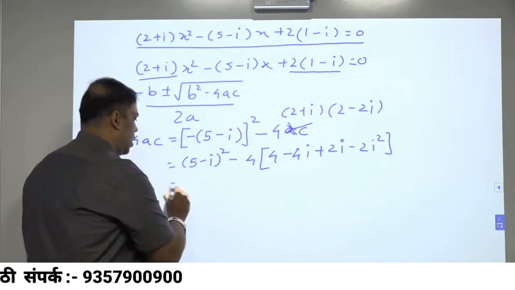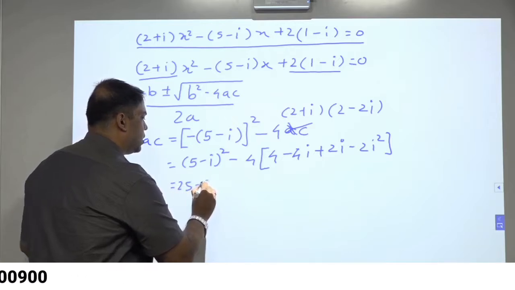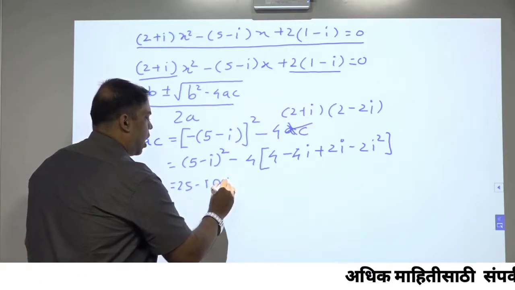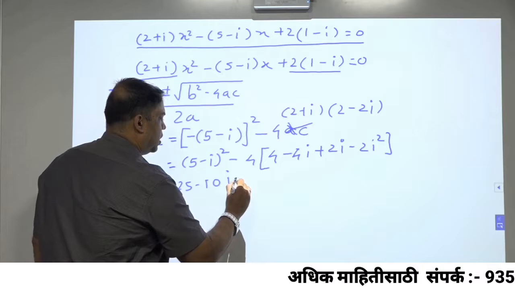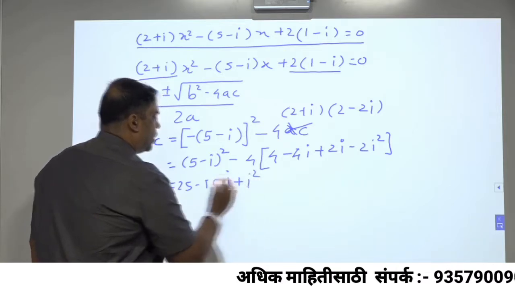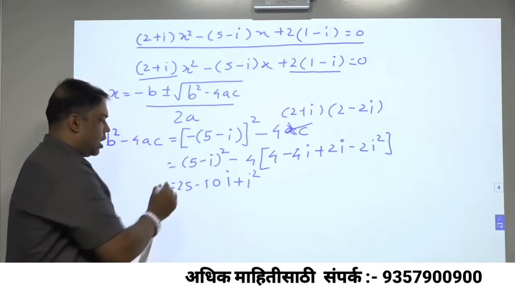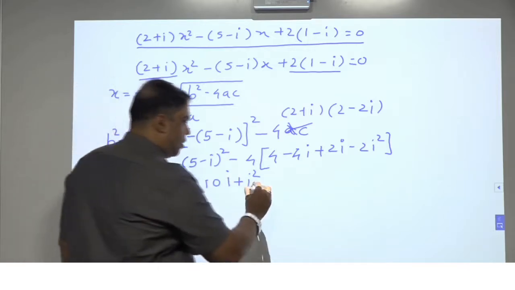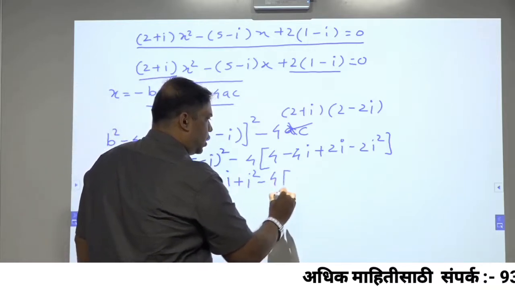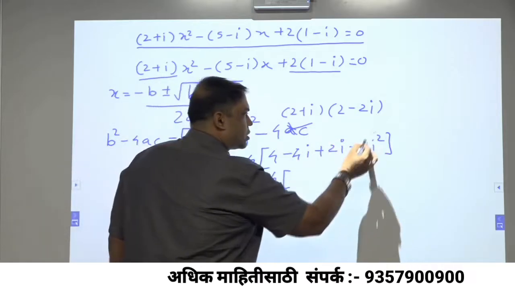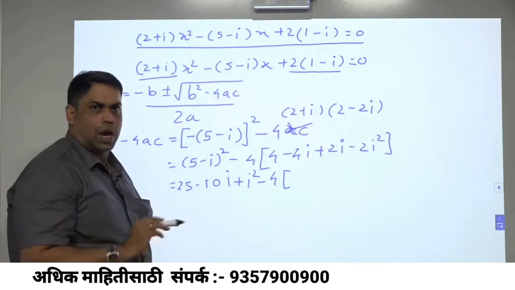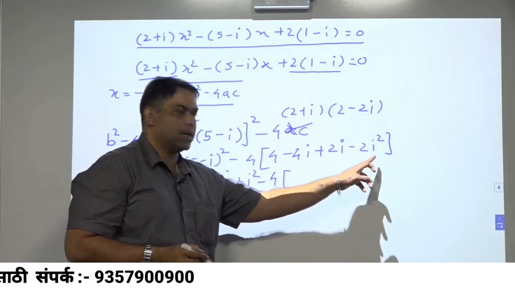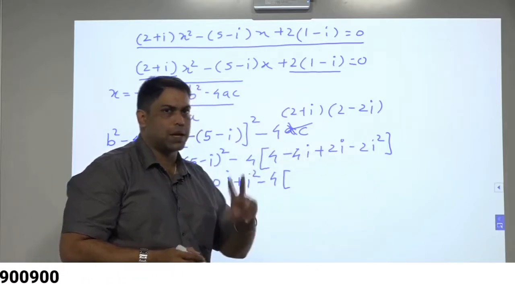So now 25 minus 10i plus i square, using (a minus b) whole square, a square minus 2ab plus b square, minus 4 into, see, this i square means minus 1. i square is minus 1, minus 1 into minus 2 is plus 2.